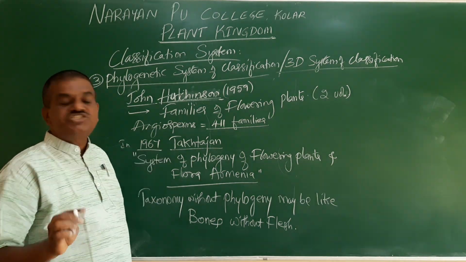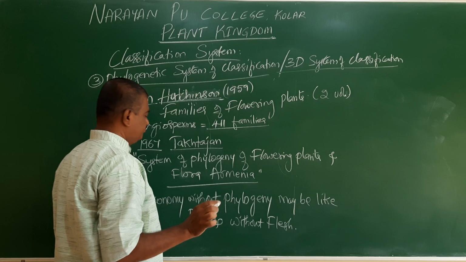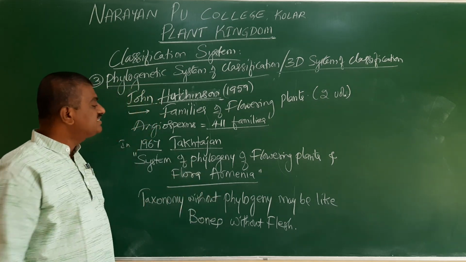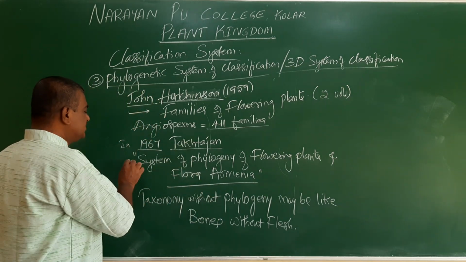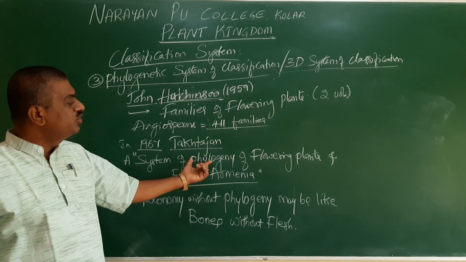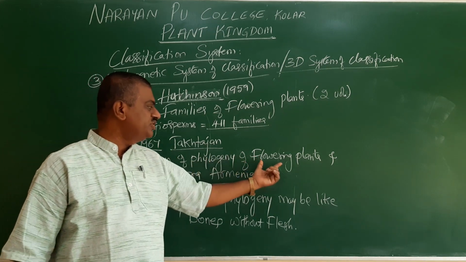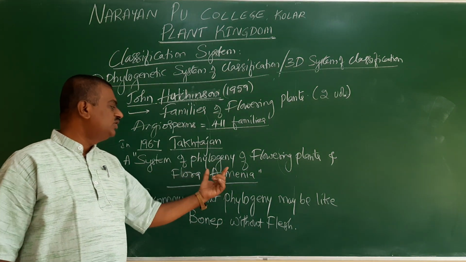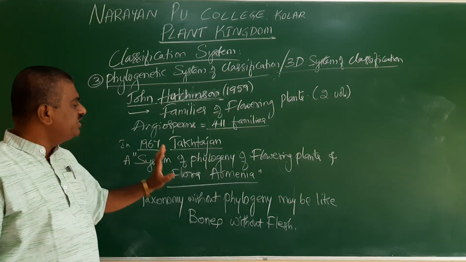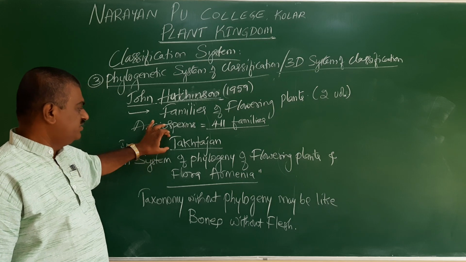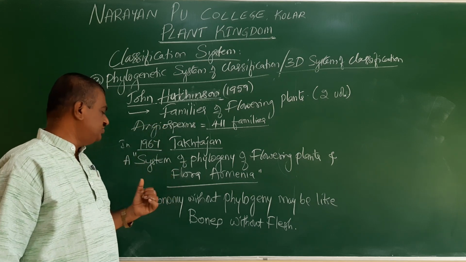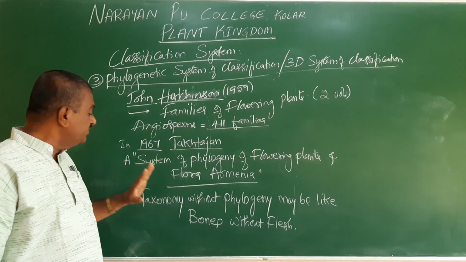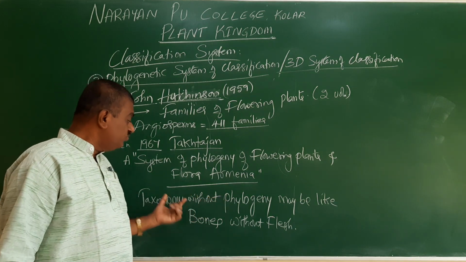And the other person, in 1967, Takhtajan, has written a book called A System of Phylogeny of Flowering Plants, and Flora Harmonia. This is the book written by Takhtajan, who said that taxonomy is important.